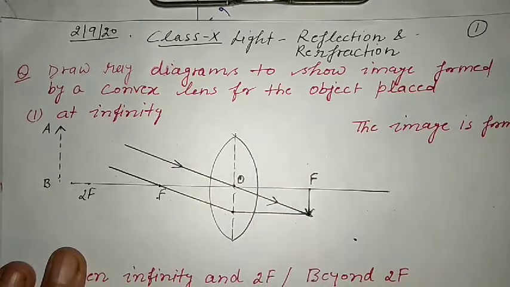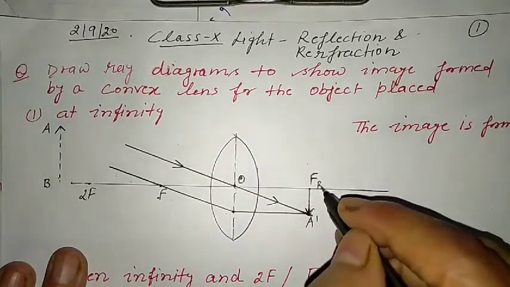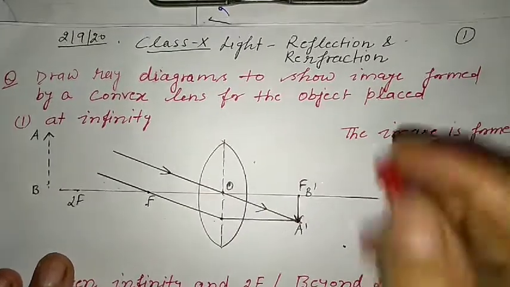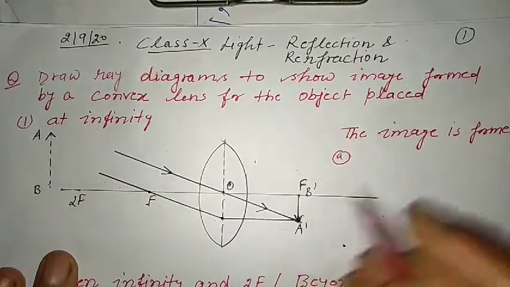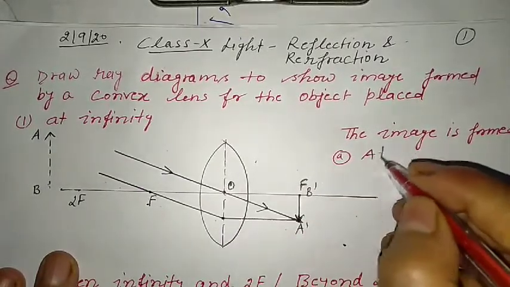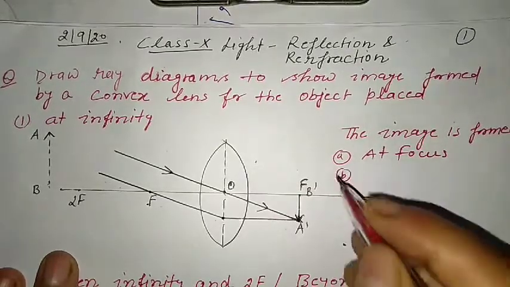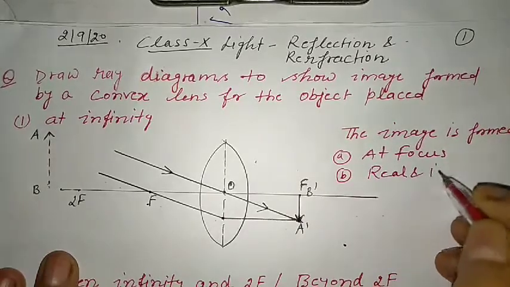So what type of image is formed here? This is A dash and this one is B dash. What type of image is formed? First, it is formed at the focus. Second, it will be real and inverted.